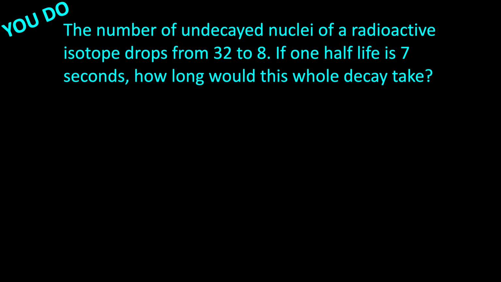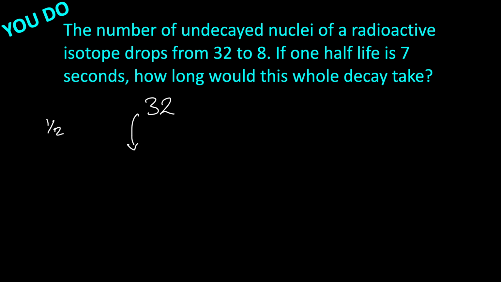In this question, the number of undecayed nuclei of a radioactive isotope drops from 32 to 8. If 1 half-life is 7 seconds, how long would this whole decay process take? Initially, we have 32 nuclei. Each half-life is 7 seconds.